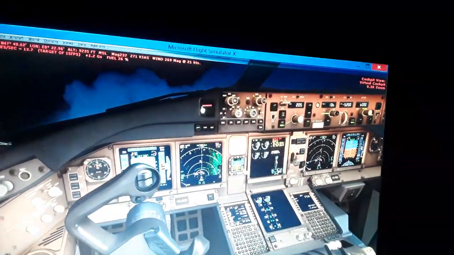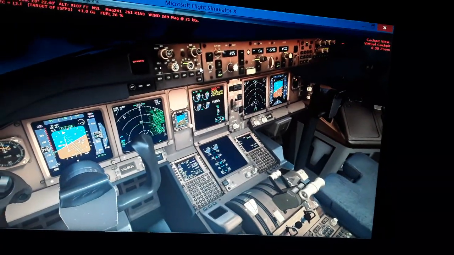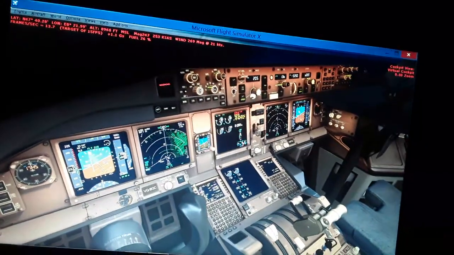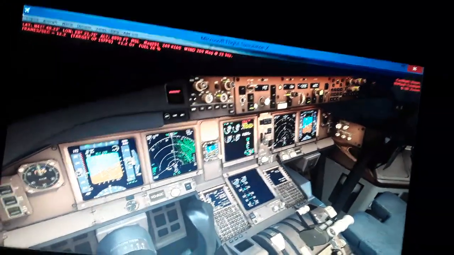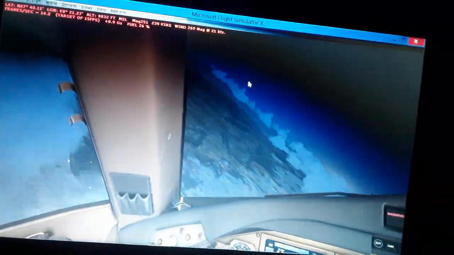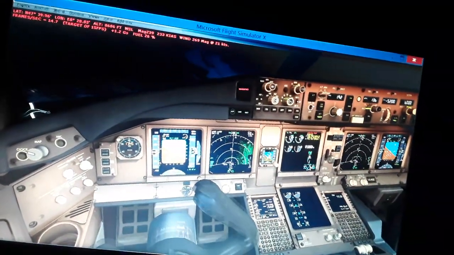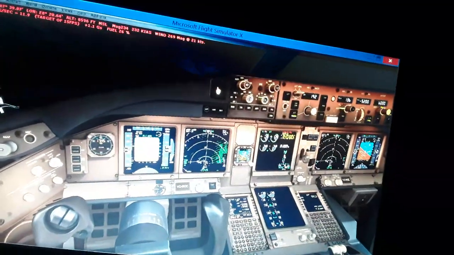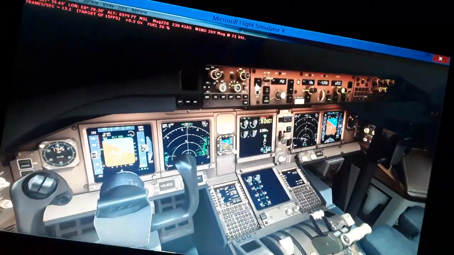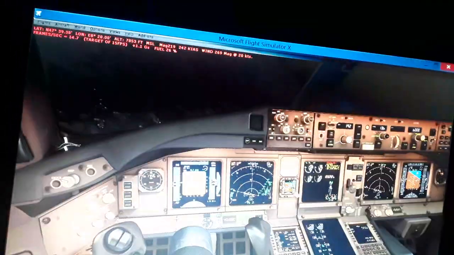So we take out the manual control now. We keep descending. We need to increase the rate of descent a little bit as we are descending.